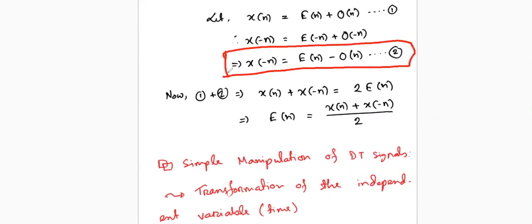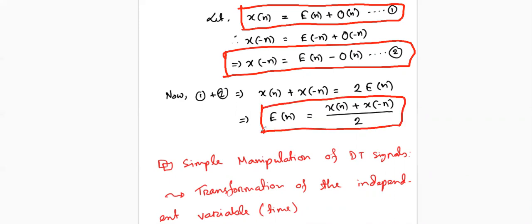Now we have equation number 1 and equation number 2, from where you can find the value of E of n. So you can draw x of n, and you can also draw x of minus n of that signal. The x of n is not an even signal or odd signal; it is an arbitrarily represented signal. So what is step number 1?